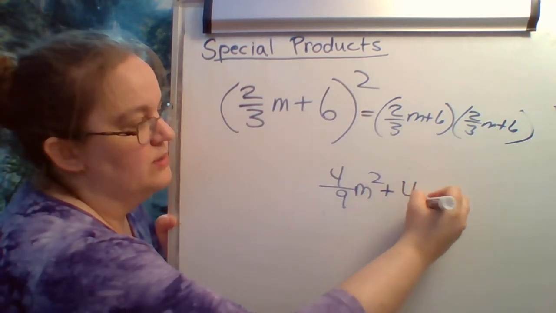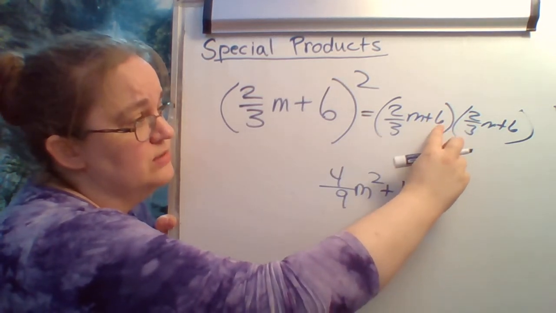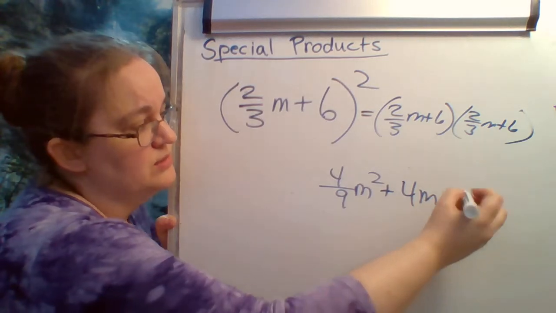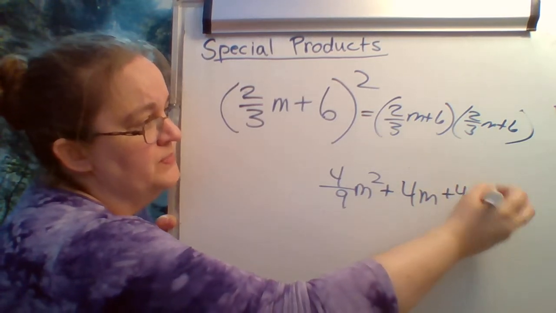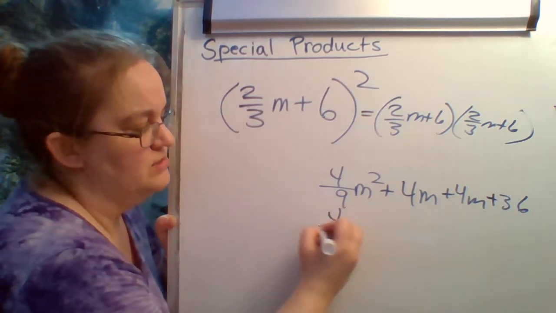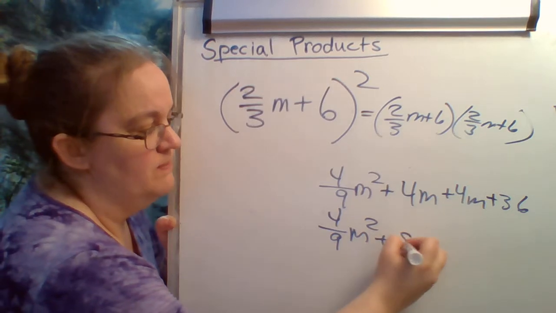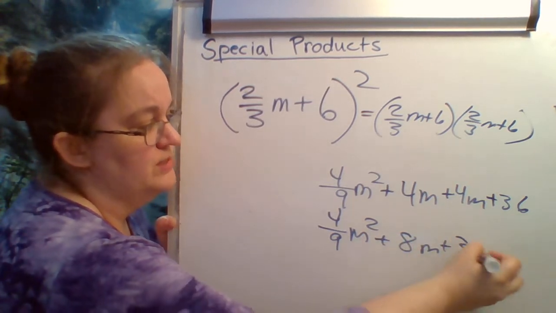So that would be 4m. Okay, then I'm going to distribute the second term. So 6 times the 2/3 m is again going to be 4m. And 6 times 6 is 36. So my final answer is 4/9 m squared, 4m plus 4m is 8m, plus 36.